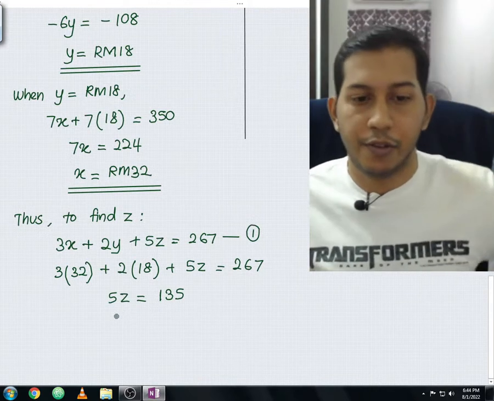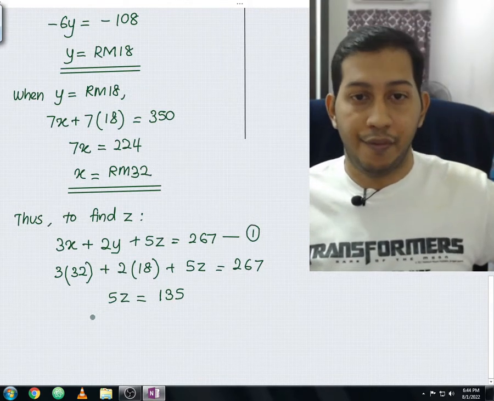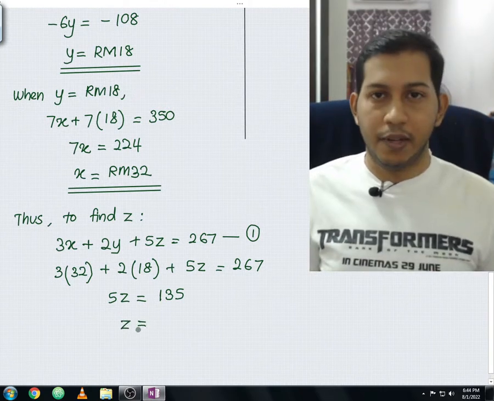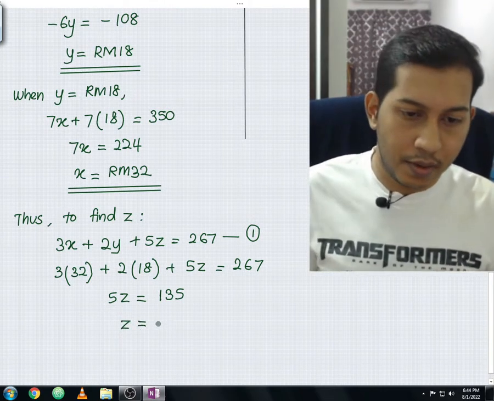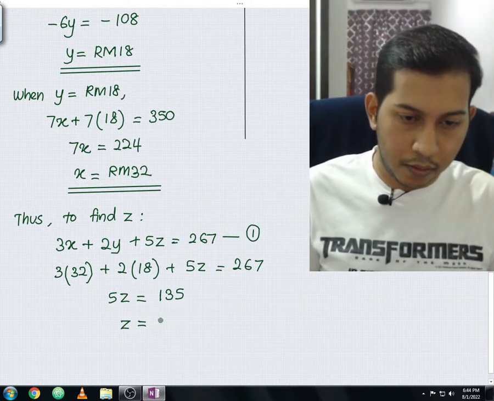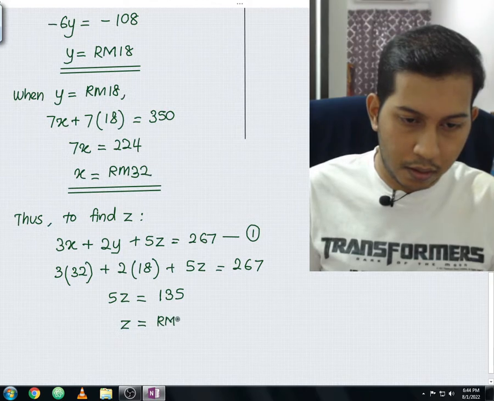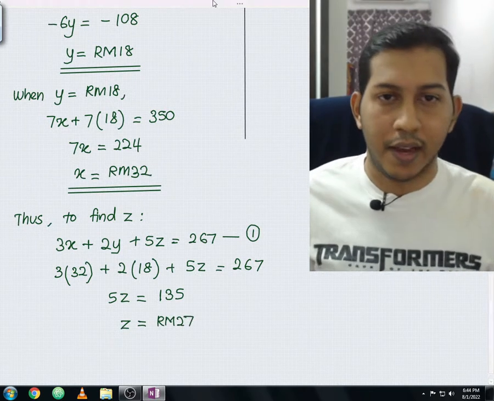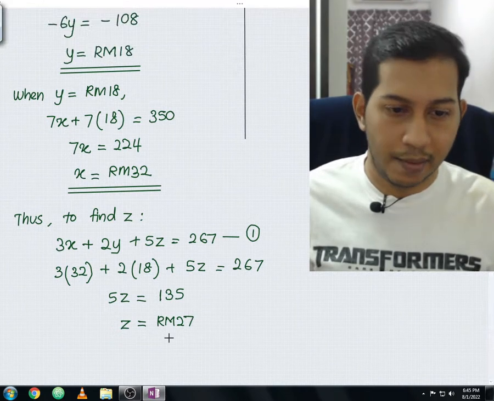So to find z, what you do, 135 you divide by 5. So from here you get your z is equal to 27, or in this case 27 ringgit, okay. So this is your third and final solution. So let me underline this.